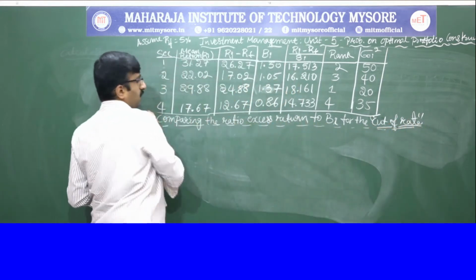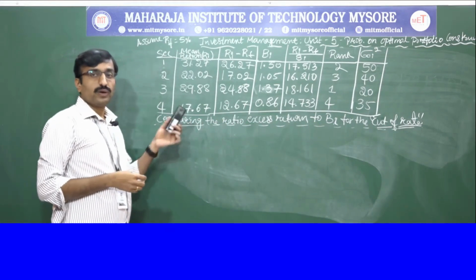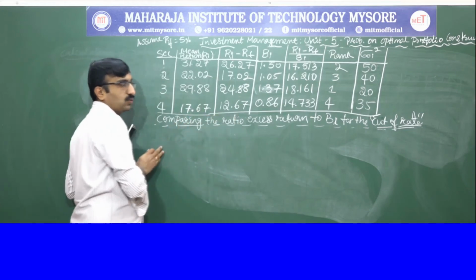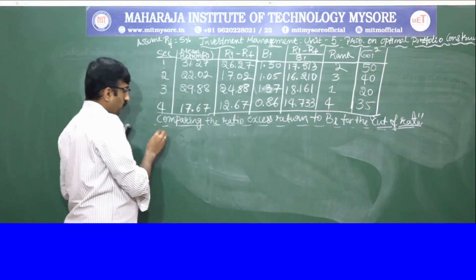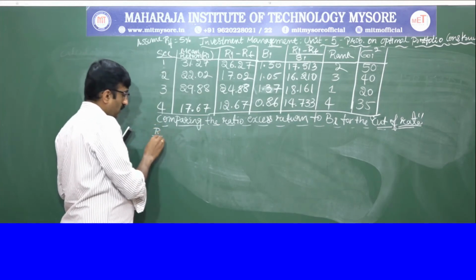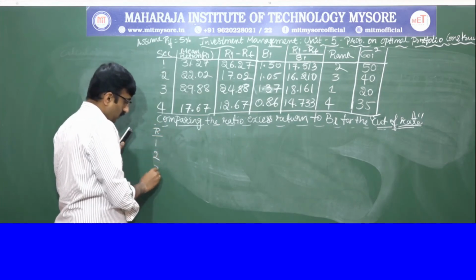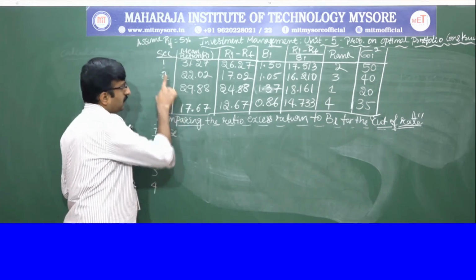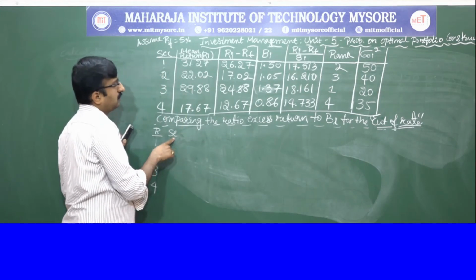Yeah, so moving on to the calculation of comparing the excess ratio to beta. First you take the ranking. Okay, first you take the rank. So 1, 2, 3, 4. Security 1 is equal to which one?